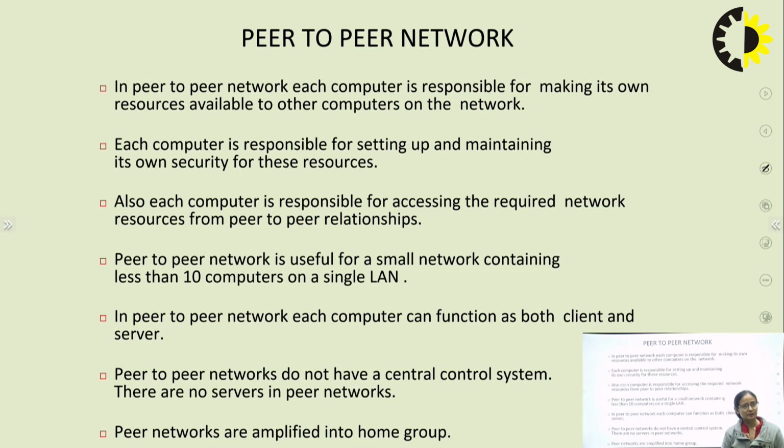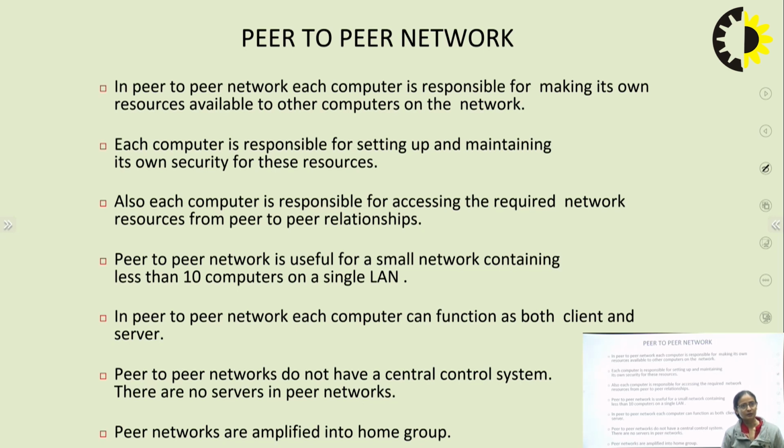Each computer is responsible for setting up and maintaining its own security for these resources. Also, each computer is responsible for accessing the required network resources from peer-to-peer relationships. Since there is no master and no slave, all the maintenance part and all the security part comes within the node itself.